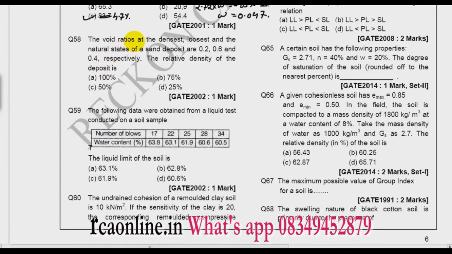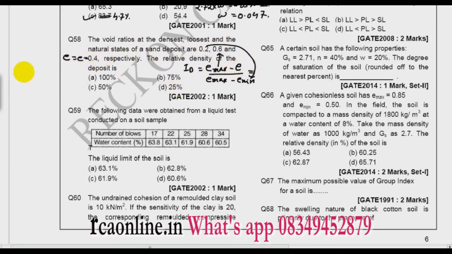Now the void ratio at the densest, loosest and the natural state of a sand deposit are 0.2, 0.6 and 0.4 respectively. The relative density of the deposit. What is my relative density index? It is e max minus e over e max minus e minimum. Now e max is given as 0.6, e minimum is given as 0.2 and e is given as 0.4.